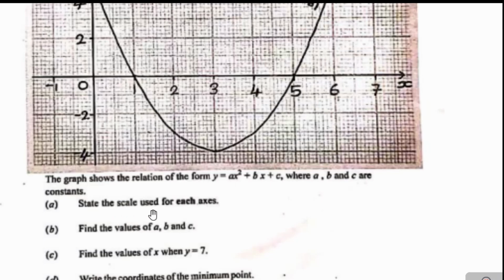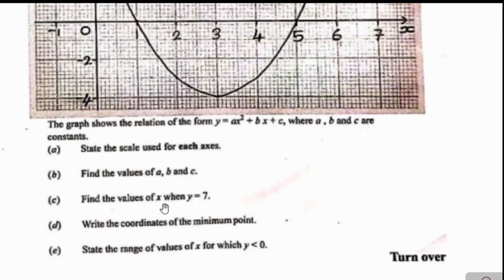A. State the scale used for each axis. B. Find the values of a, b, and c. C. Find the values of x when y equals 7. D. Write the coordinates of the minimum point. E. State the range of values of x for which y is less than 0.